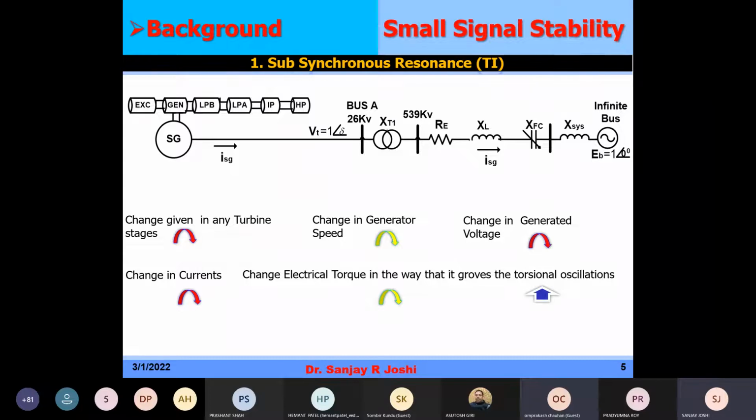But here, in the generator stator winding, the currents flowing are of transient nature and of subsynchronous frequency.